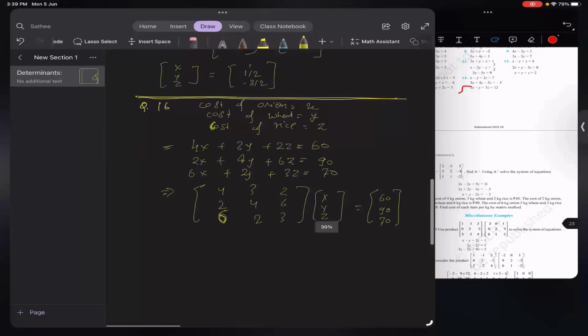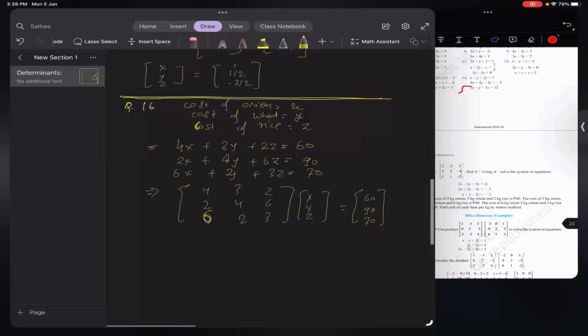And now if we find the determinant, it would be 4 times of 12 minus 12, and this would be minus 3 times 6 minus 36, and this would be plus 2 times 4 minus 24. Okay.